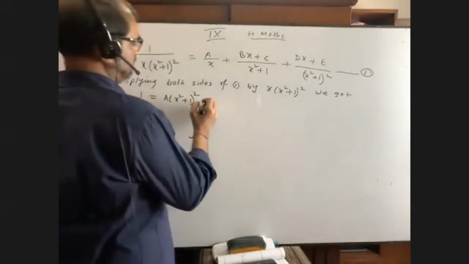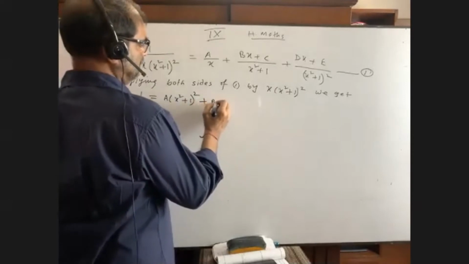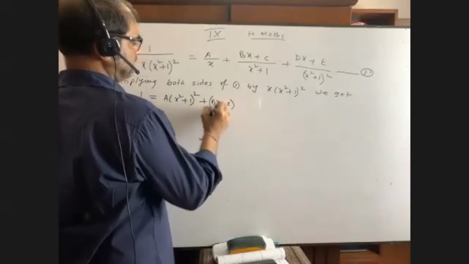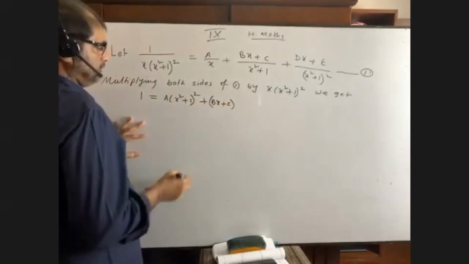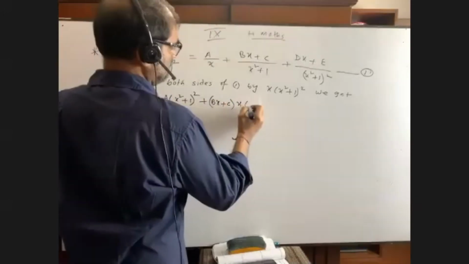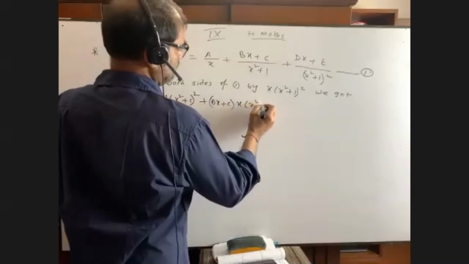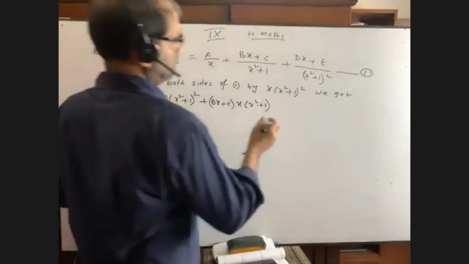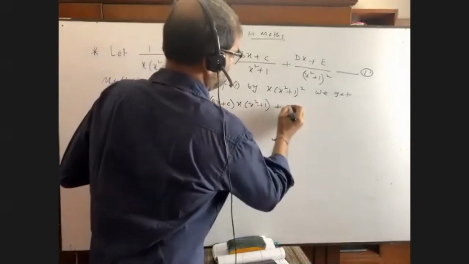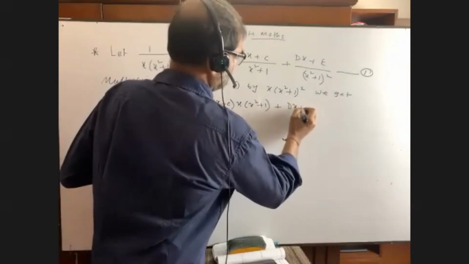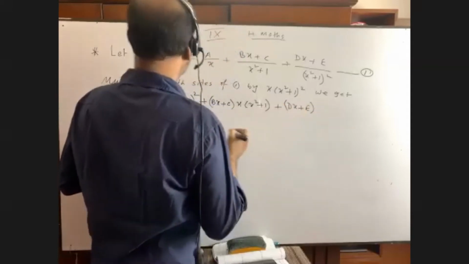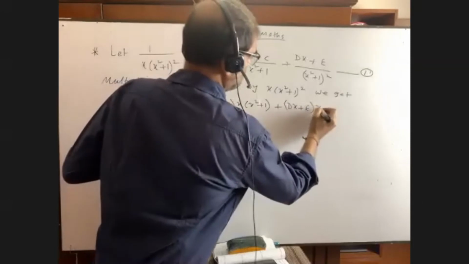Then for this part, bx plus c, it is x into x square plus 1. Then for the last part, dx plus e, it is what? Only x.